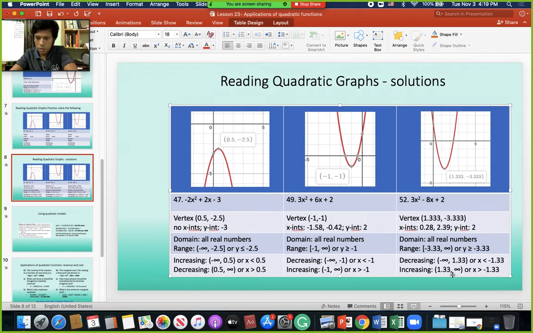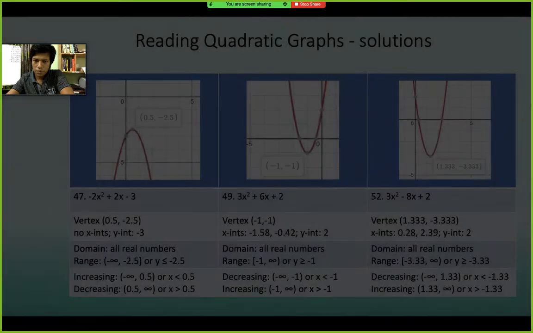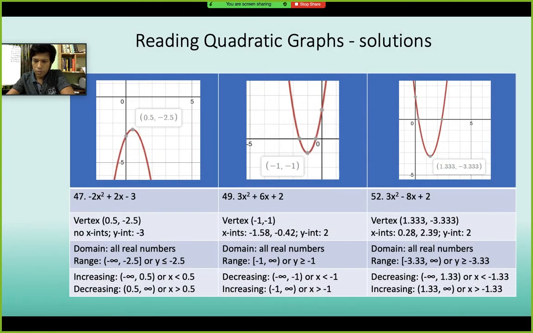Increasing is 1.33 to plus infinity. Yes, that's correct. So 1.33 to plus infinity, increasing.